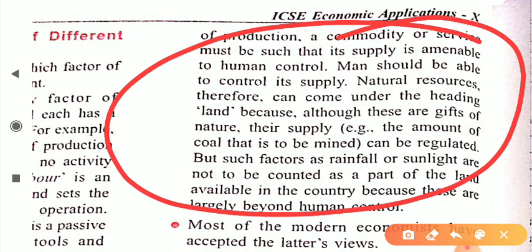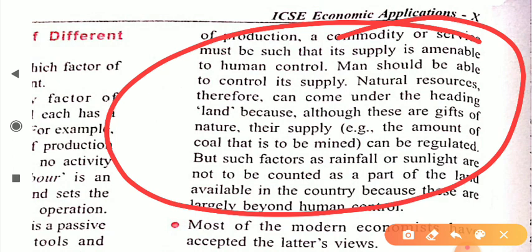They are available free of cost, and we do mining and drilling to take out these resources. So it is totally up to us how much quantity of the coal we wish to mine. It means we can control the supply of these commodities.